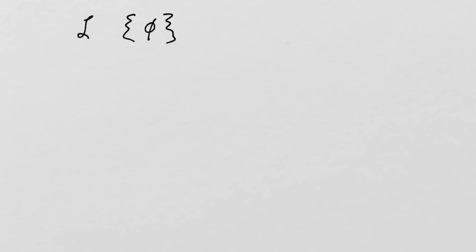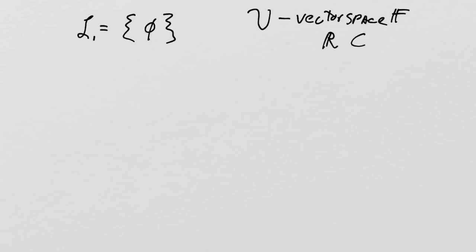So if we called such a set L1, and our vector space we're going to call V, that's the entire vector space. It doesn't matter what it's over or what it is, as long as it's a vector space over some field F, and F could be the real numbers, the complex numbers, any field.